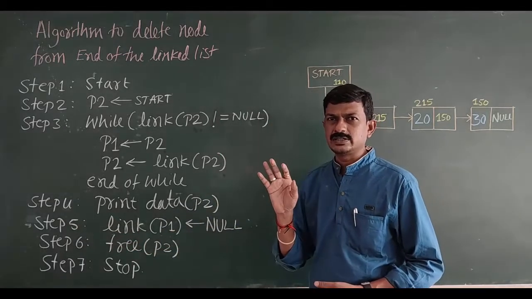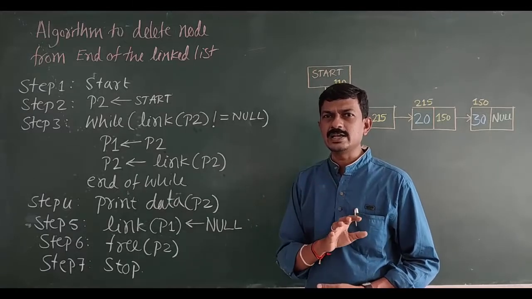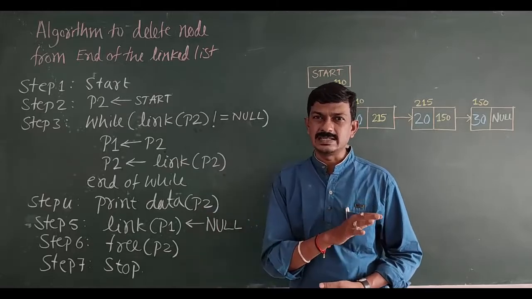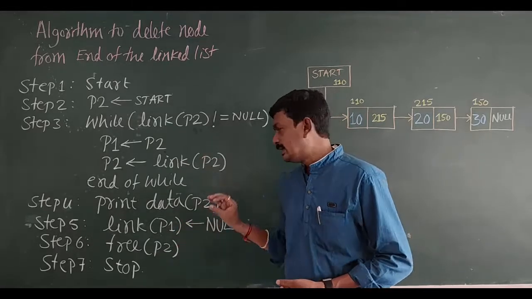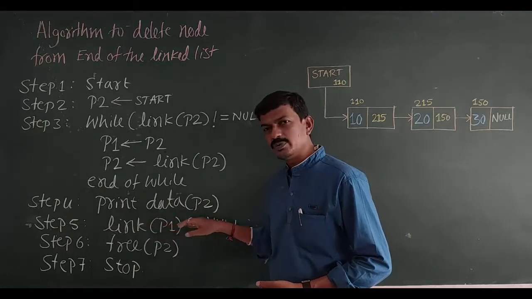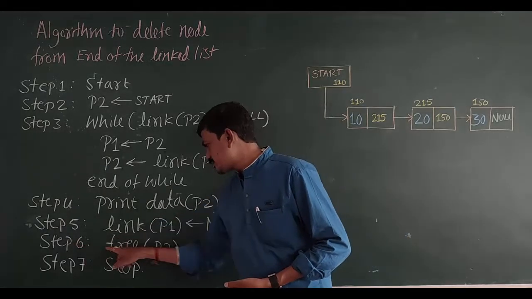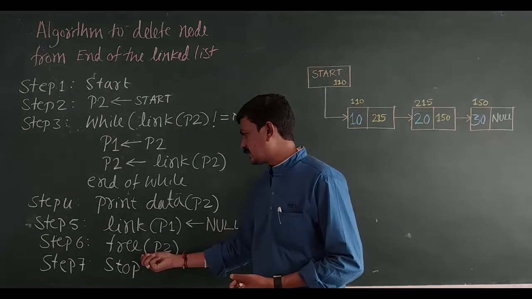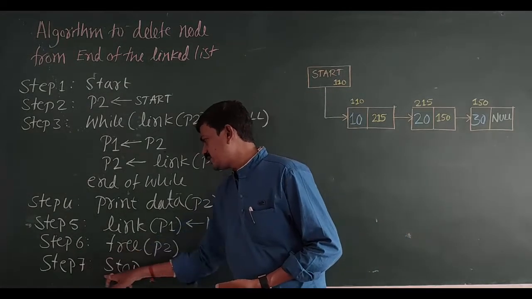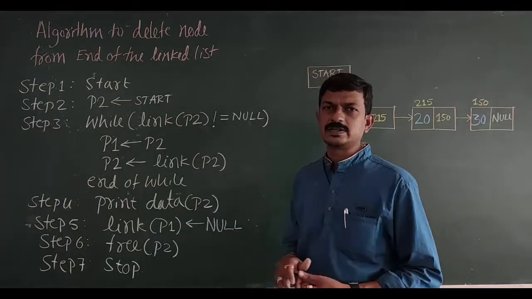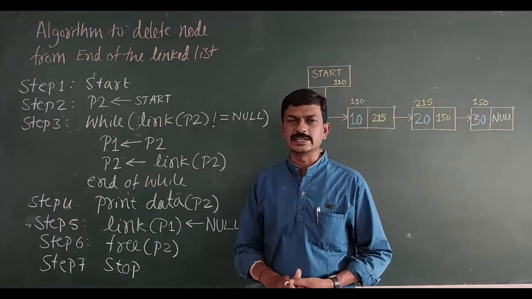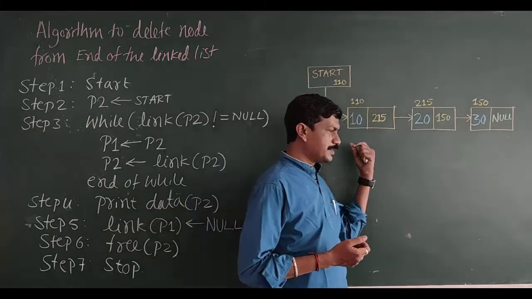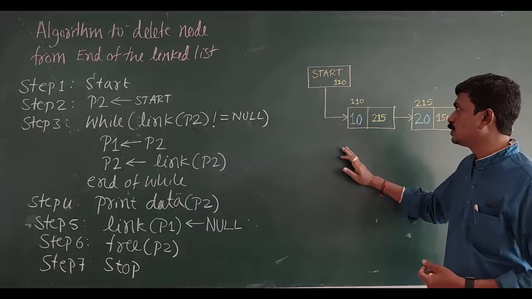After freeing the node, the previous node should become the last node of that linked list. For that, I am assigning link of P1 equal to null. Step 6, free P2, the node which I am deleting. Step 7, stop. These are the 7 steps with the help of which we delete a node from the linked list.